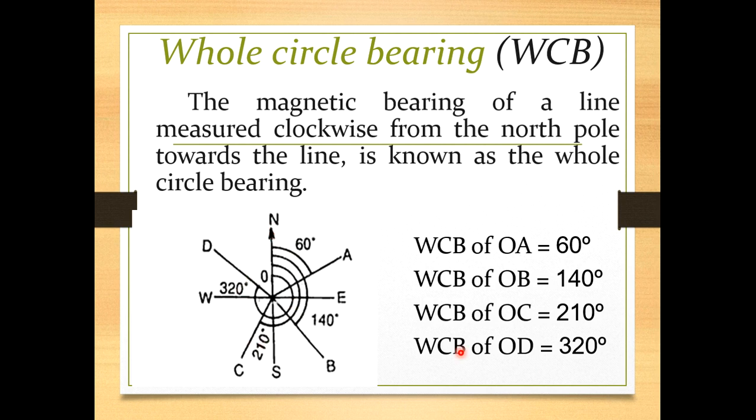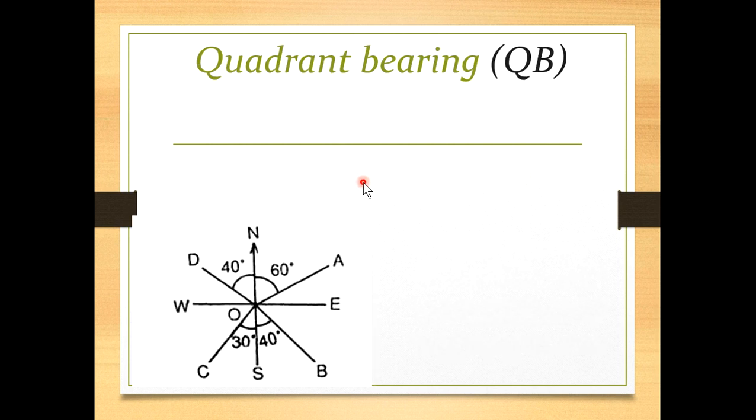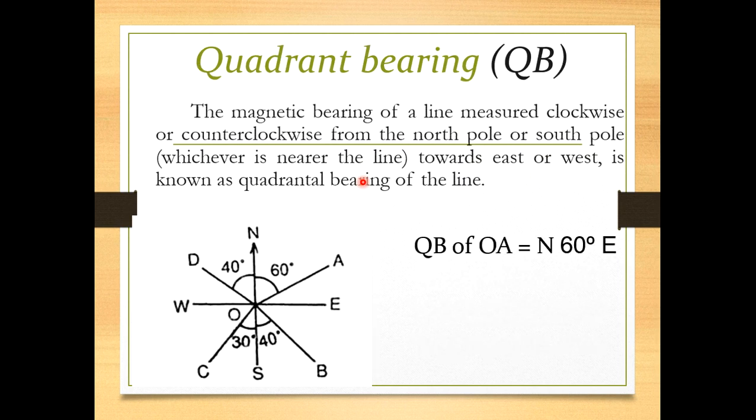So 320 degree, right? So this is the whole circle bearing. Whole circle bearing means the magnetic bearing of a line measured clockwise from north pole towards the line. Then next is the quadrant bearing.